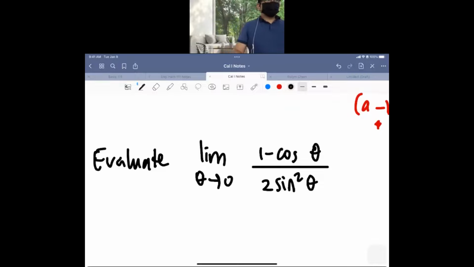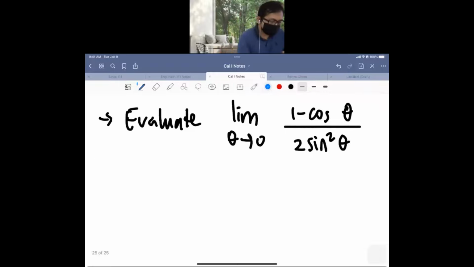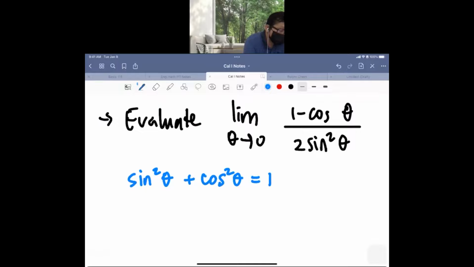Okay, now trigonometry. Let me just give you some basic trigonometry that we probably need to use more and more over time. So the first thing is we have this. I hope everyone agrees and remembers that sine squared plus cosine squared equals 1, right?